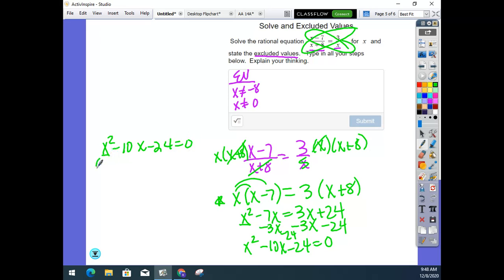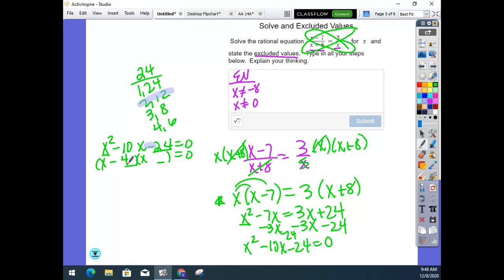Since I have x squared, I need to factor to find my zeros. I need factors of 24 this time. We know we have x and x. Now I need to know what my constants are that multiply to get 24. Be really careful. 2 of these factors give you 10, but only one set of factors subtract to get you 10.